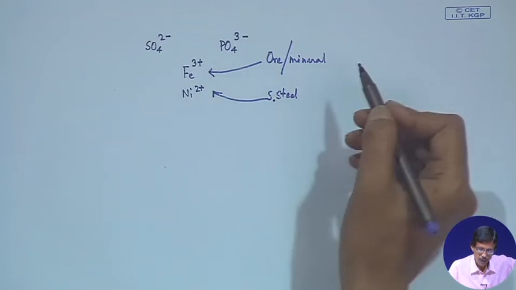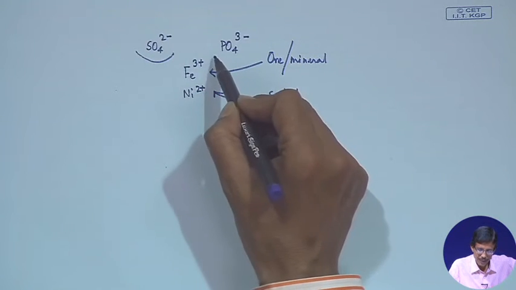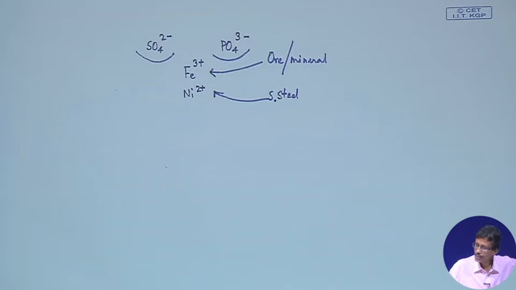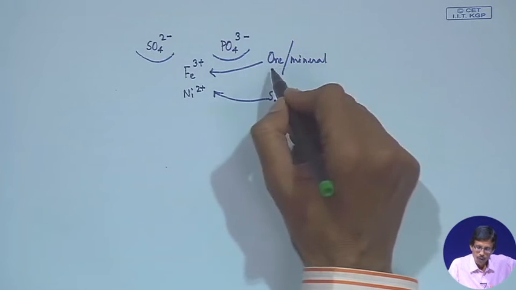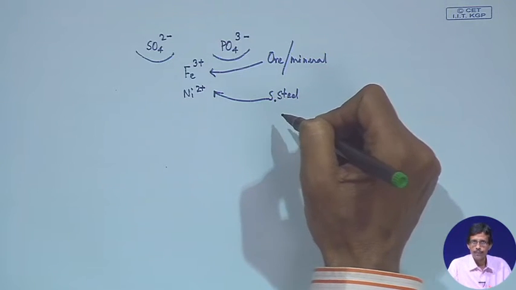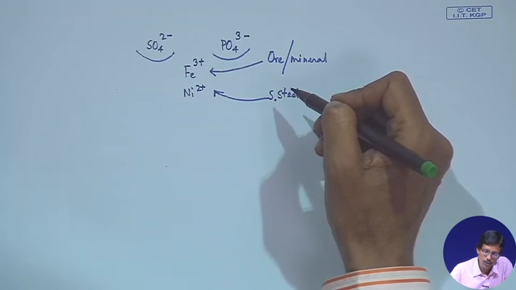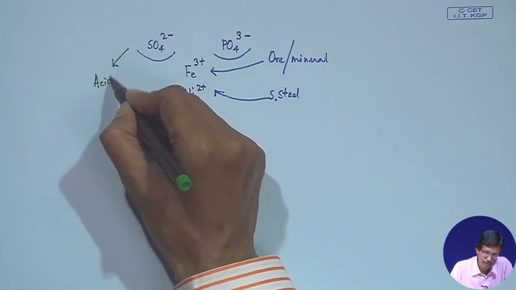In these cases we sometimes use acids: sulfuric acid can be used, and phosphoric acid can be used for the dissolution of this ore, mineral or stainless steel. So, for the dissolution purpose, most of the time we handle acids.